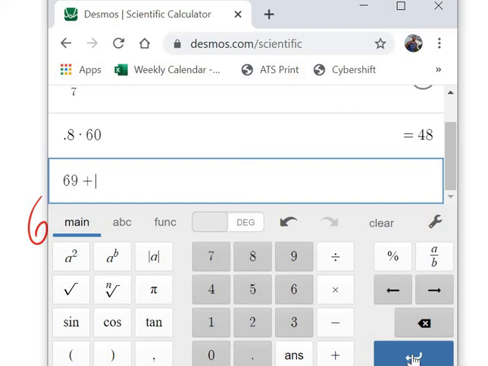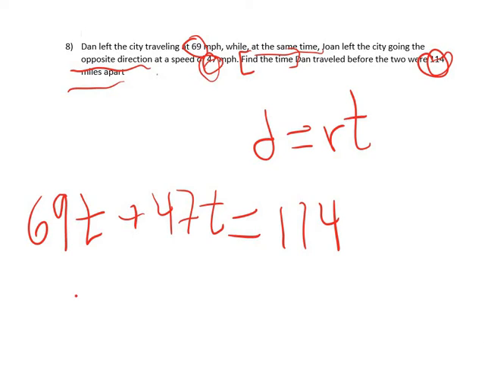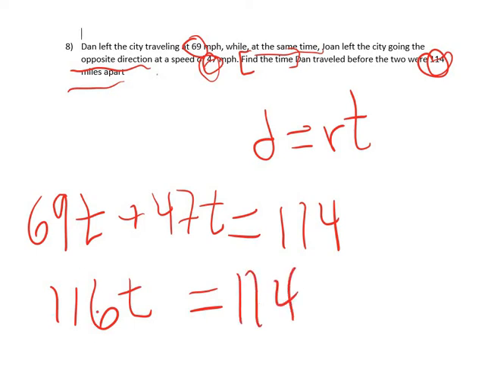69 plus 47 is 116. So they're going at 116. That's how far apart they're going per hour. So right away we see that it's going to be less than an hour.